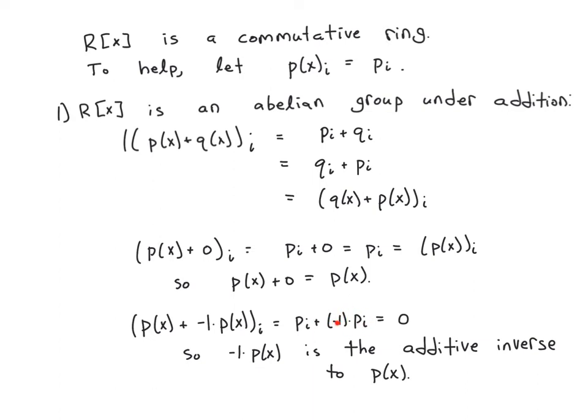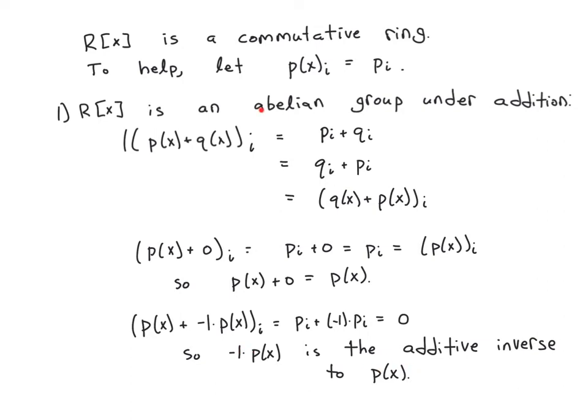Well, -1 times p_i is negative p_i, because those are elements of R. And p_i minus p_i is 0. So the ith coefficient of this sum of polynomials is 0 for all i. That was the definition of our identity polynomial, or 0 polynomial. So -1 times p(x) is the additive inverse.